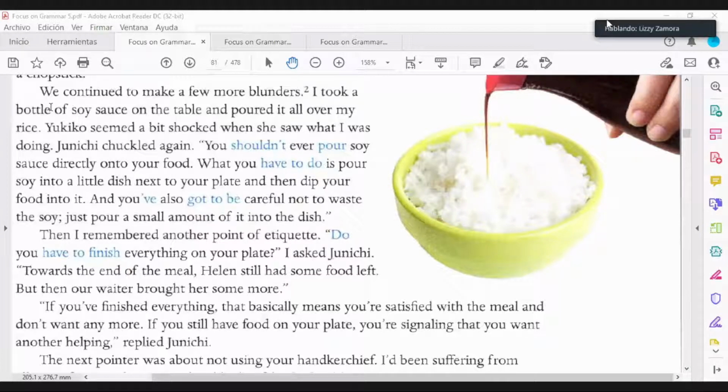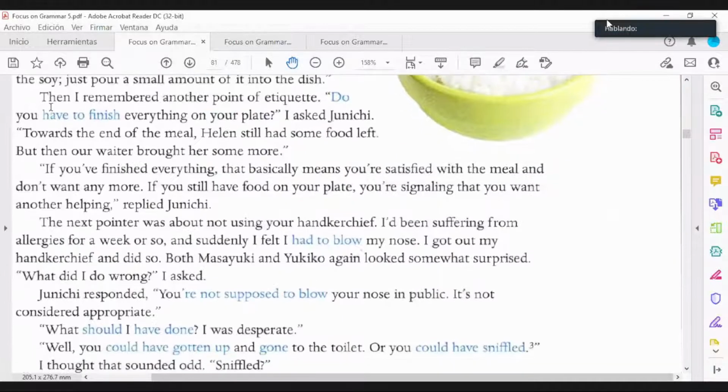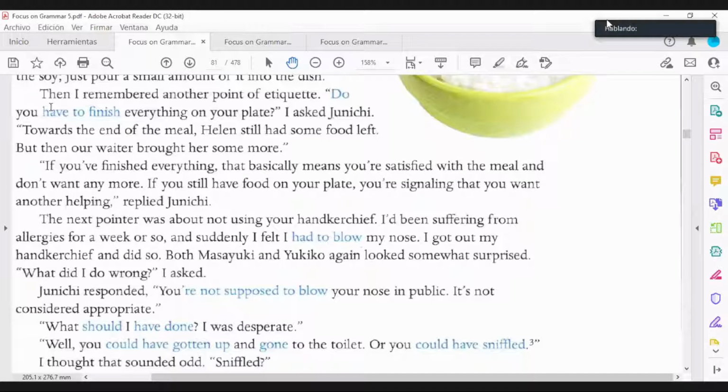And you've also got to be careful not to waste the soy sauce. Just pour a small amount of it into that dish. Okay, Gabriela, continue.